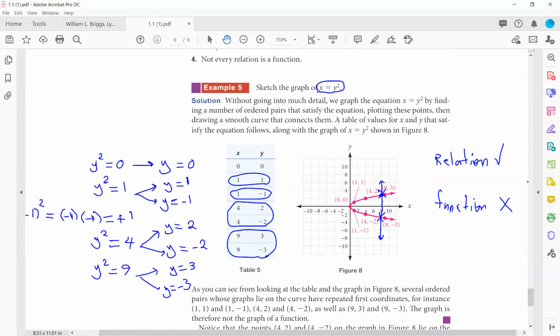So vertical line test, with more than one intersection, means that it's not a function.